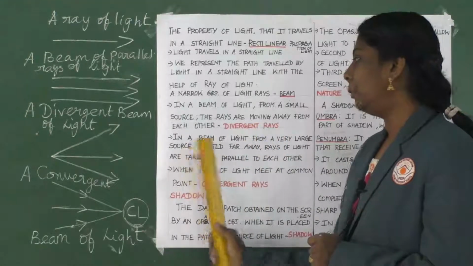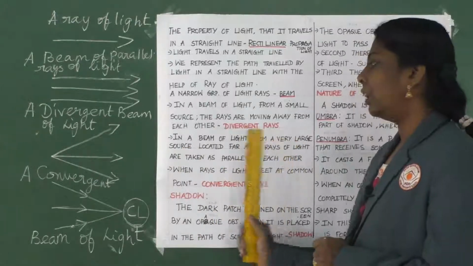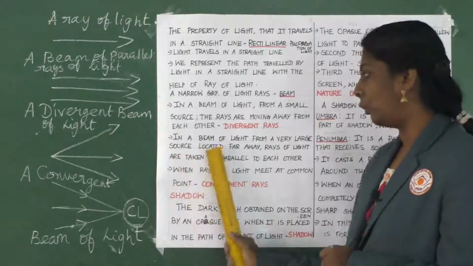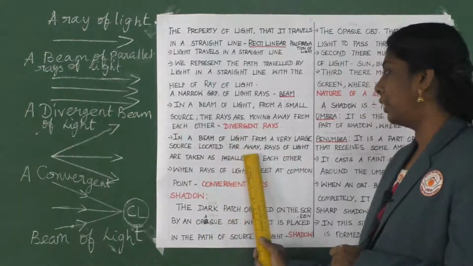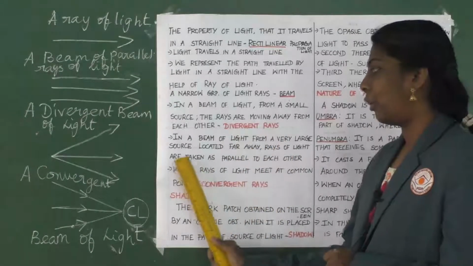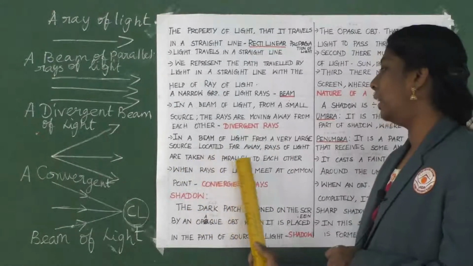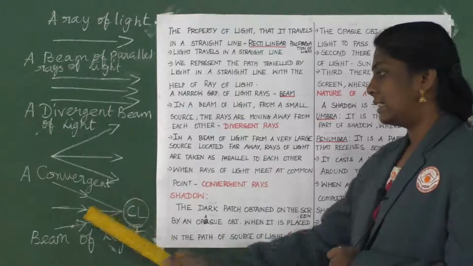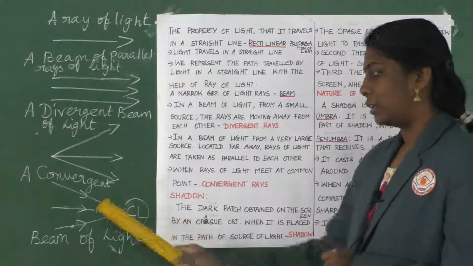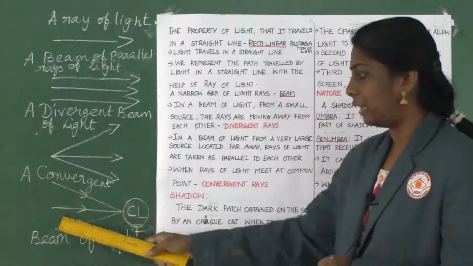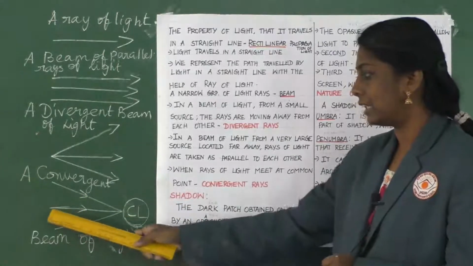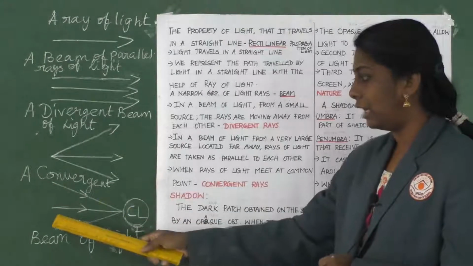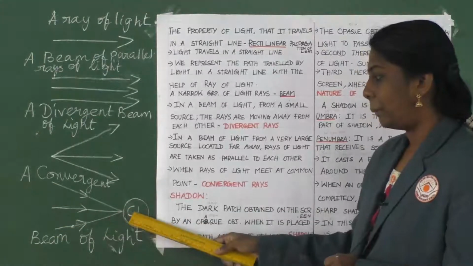Then, in a beam of light from a very large source located far away, rays of light are taken as parallel to each other. So, light is somewhere far away. The rays of light are taken from different sources, and then they are reaching a common point.